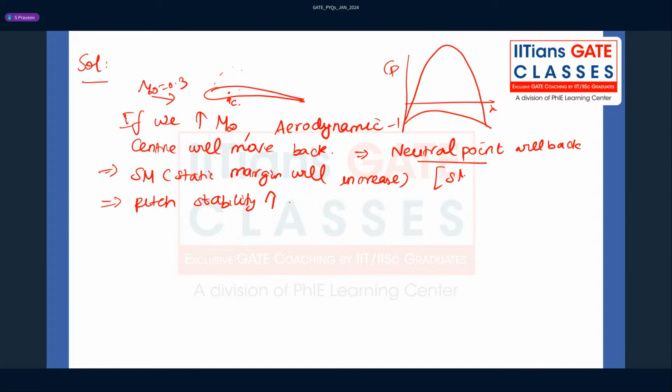If I write it in brackets, it is x_np bar minus x_cg bar, okay? Because this increases, static margin is basically minus dCm/dCL. If static margin increases, this also increases, hence, basically, stabilizing at supersonic flight speeds, okay? Hope you guys don't have any doubts, right?